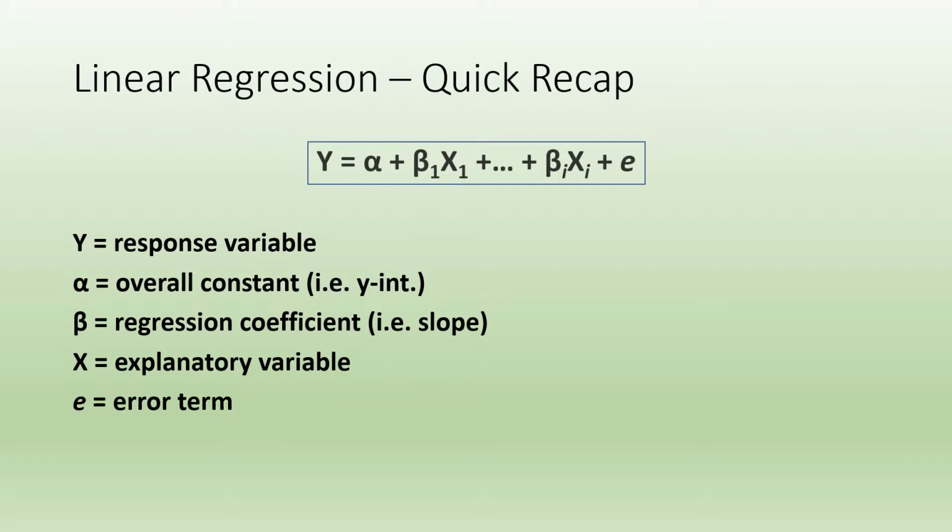When you see beta, that is just a regression coefficient of an explanatory variable. It's also the slope of that variable. X is the explanatory variable, and E is our error term, which indicates the unexplained variance of our regression model.